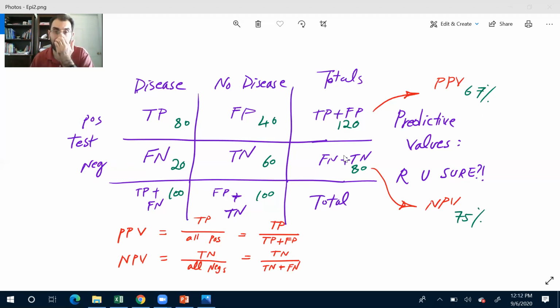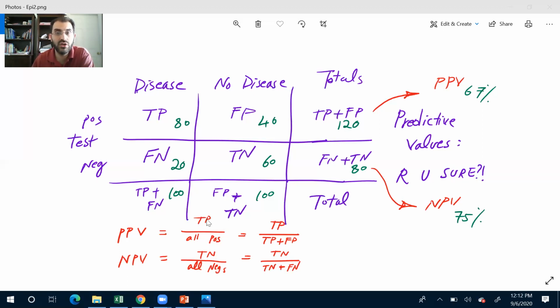Ladies and gentlemen, what is a positive predictive value? Look at my first row. True goes to the top. What do I have in my first row? I have TP and FP. What goes to the top? True goes to the top.